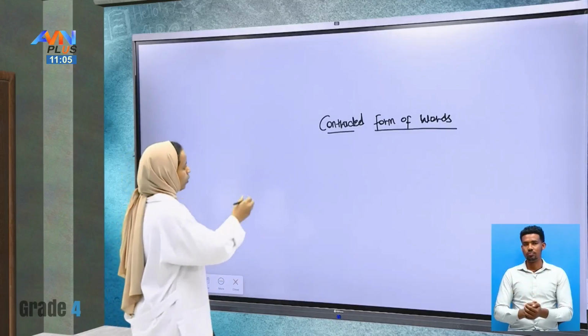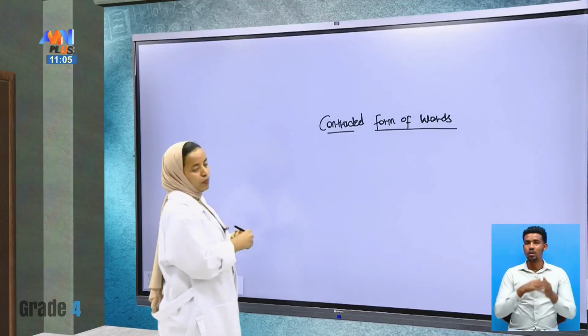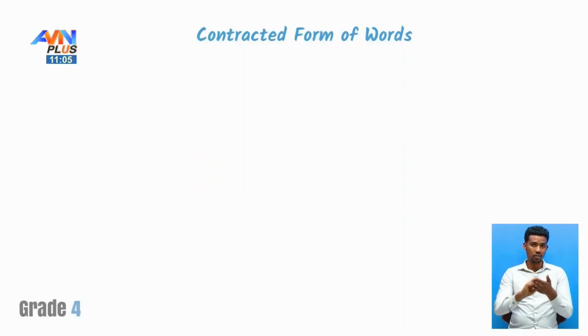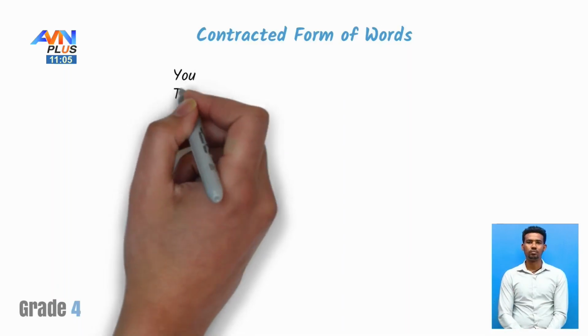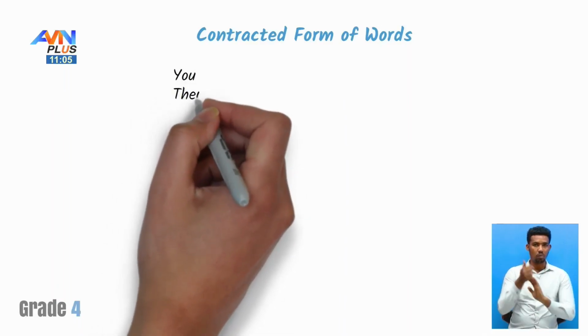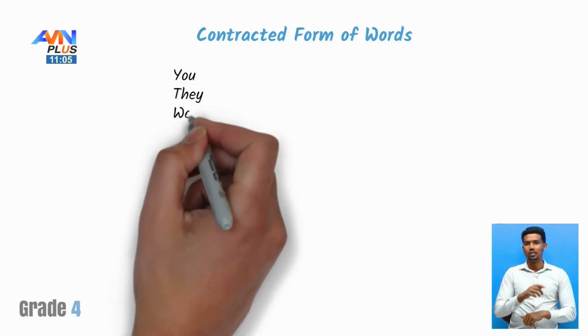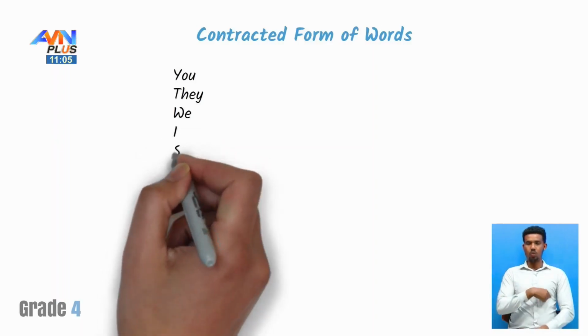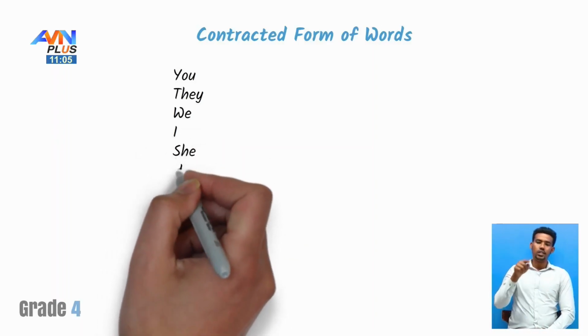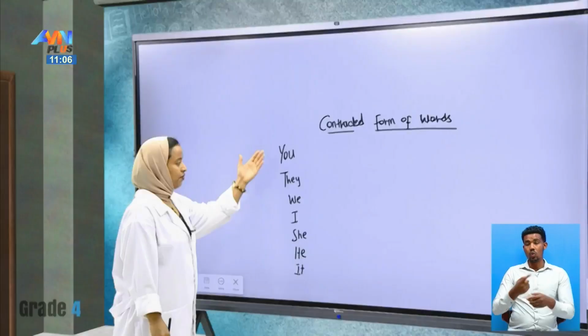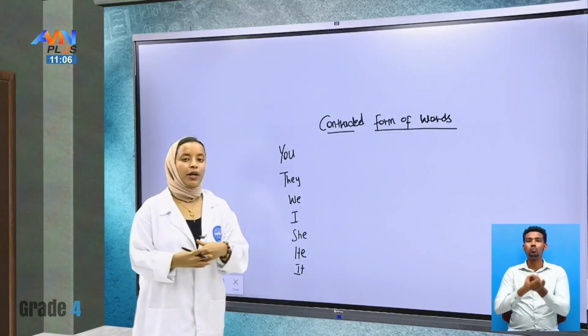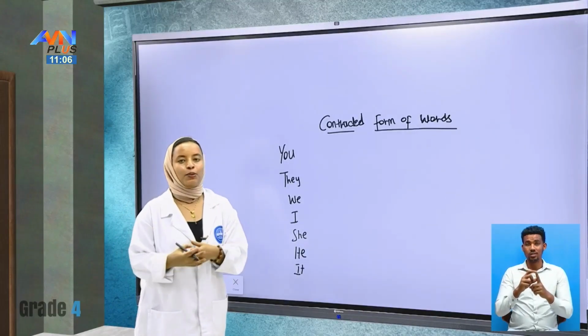Let us write some pronoun words: you, they, we, I, she, he, it. Let us combine them with verb to be.